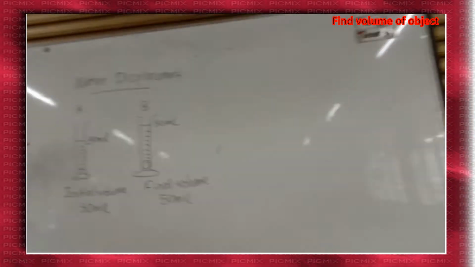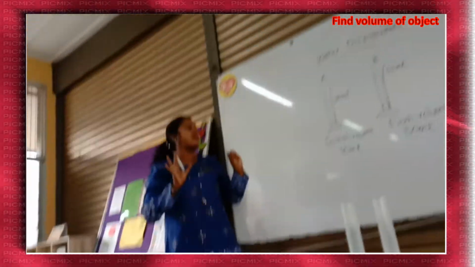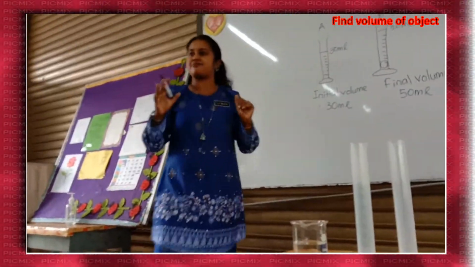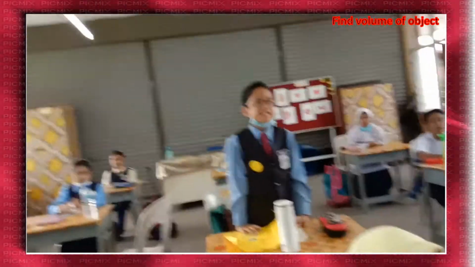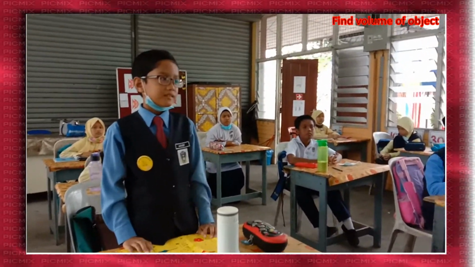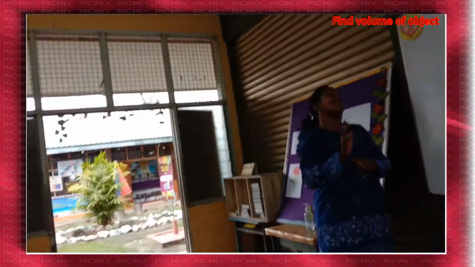So this is the first. Now your question is, how can you find the volume of the object? Yes, we must subtract the initial volume from the final volume. Is that correct, class? Yes. That's right.